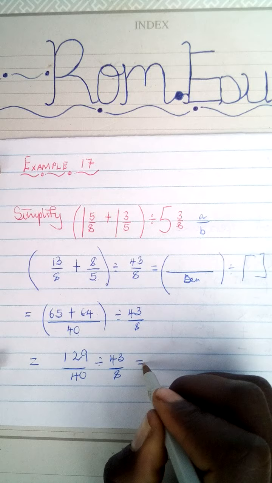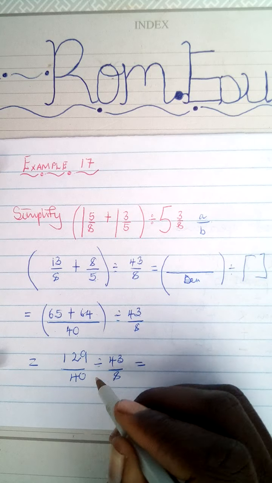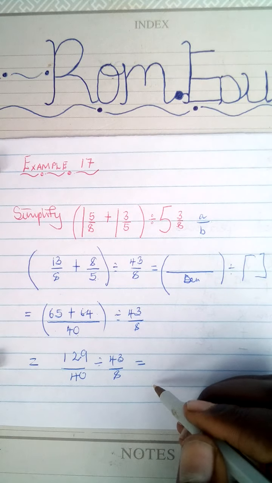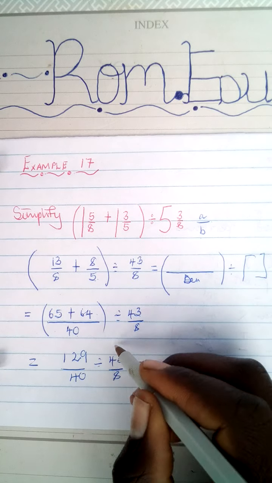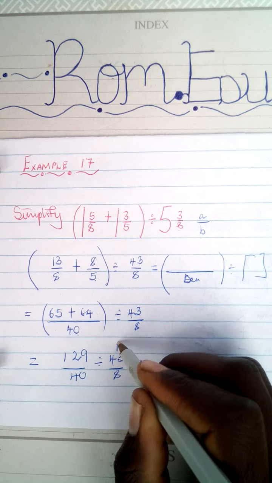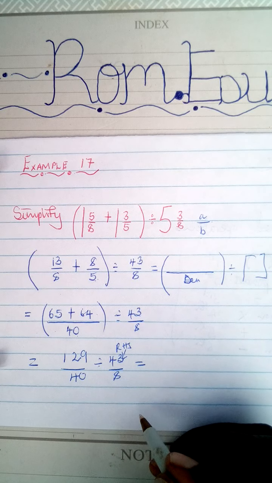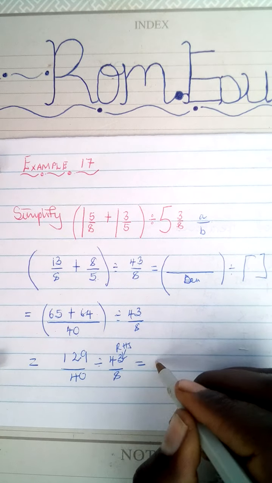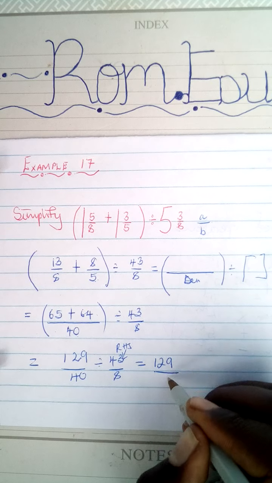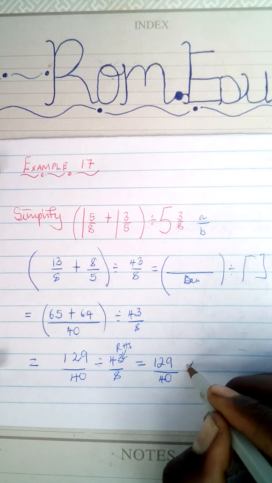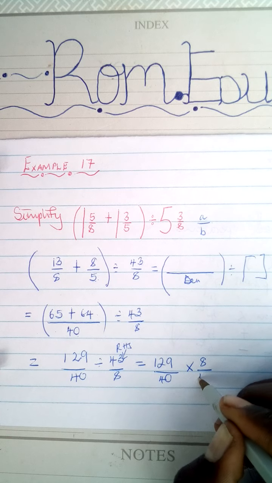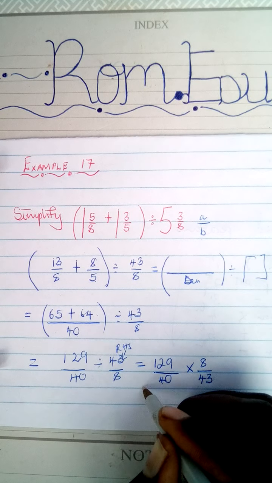Now remember we said when we're given a division sign, we are supposed to change it to a multiplication sign, then we invert the fraction on your right hand side, which is this one. Now we're going to have 129 over 40 being multiplied by 8 over 43, right?